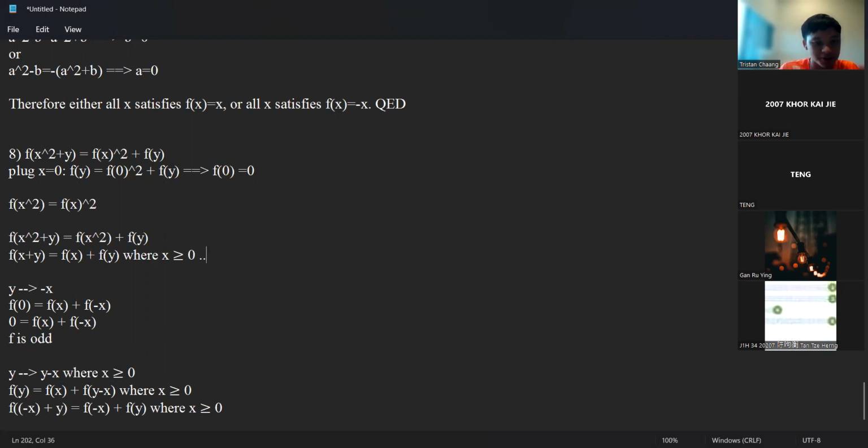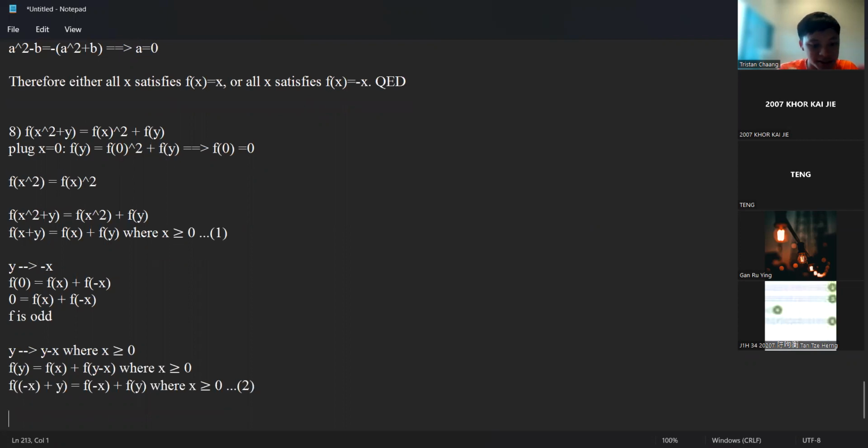Combining these two, we say f(x plus y) is just f(x) plus f(y) for all x and y. And that's Cauchy. In fact, Cauchy still works if you just restrict one of them to be positive and also make sure that f is odd.